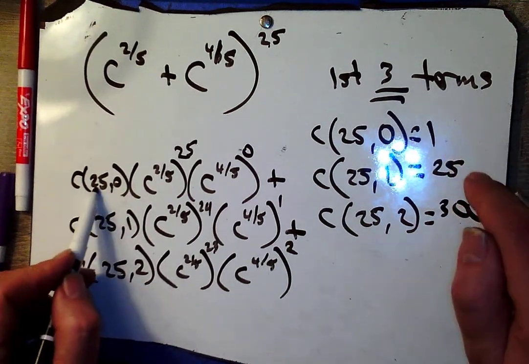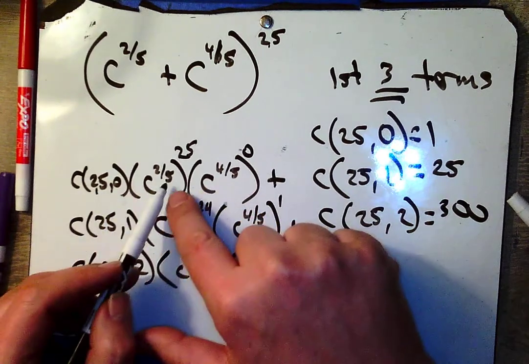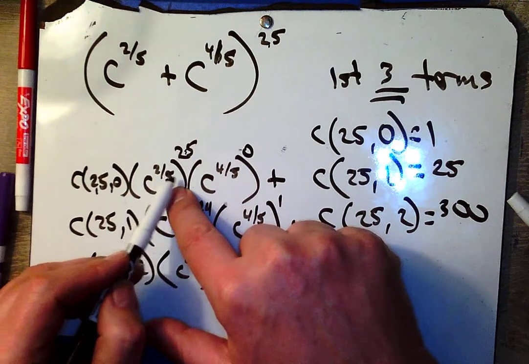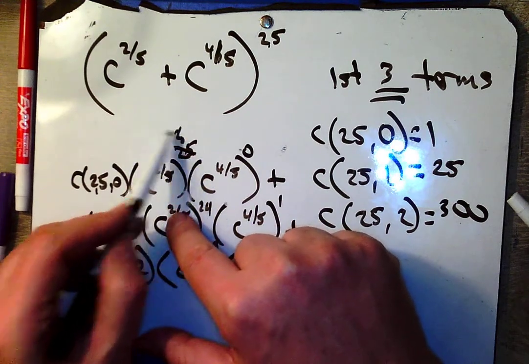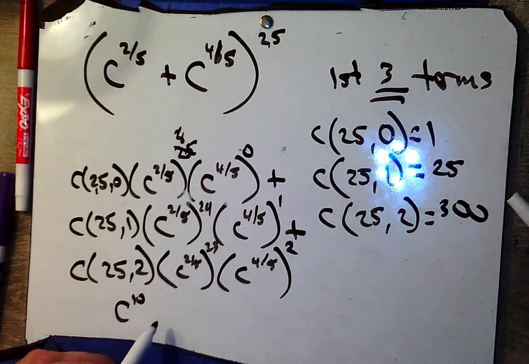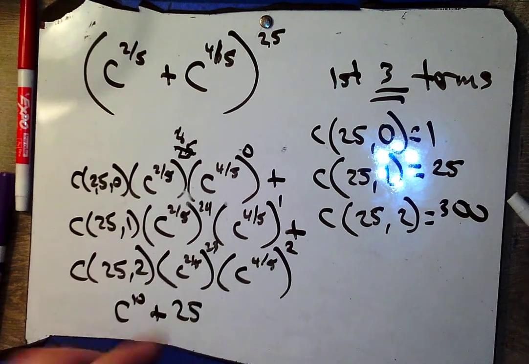Now we're going to have 1 times 1. Now here, these are 5s. So I can cancel 5, 5, and I get 2 times 5 is 10. So C to the 10th plus, this is 25. Here we have C to the 4/5.